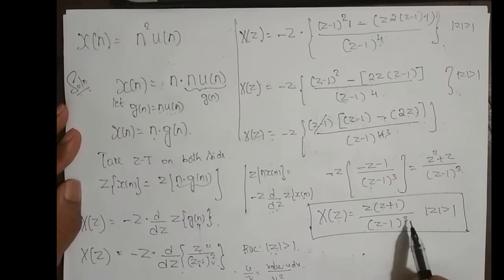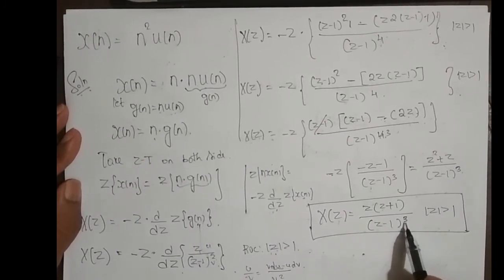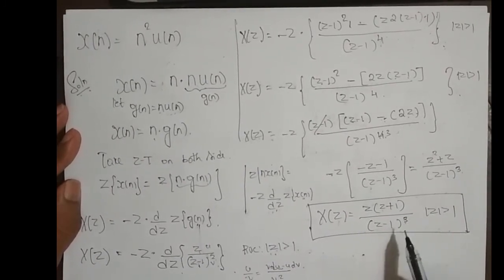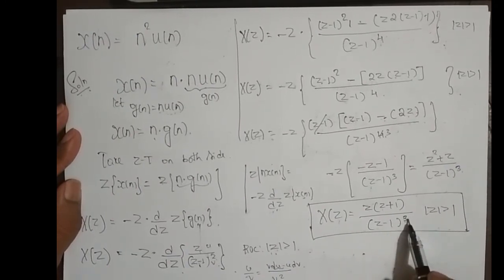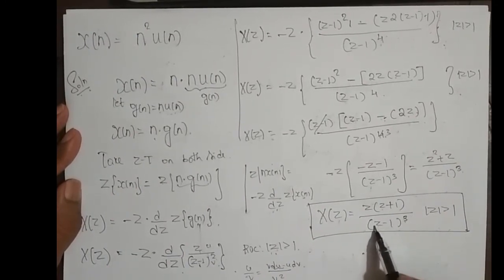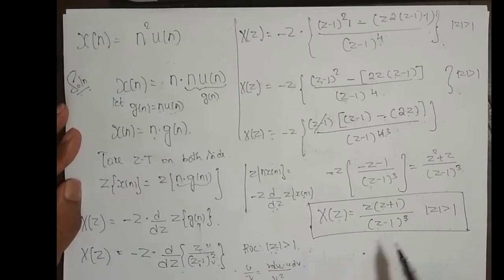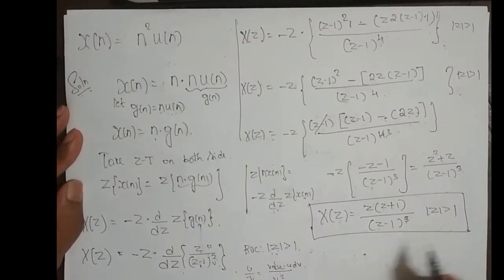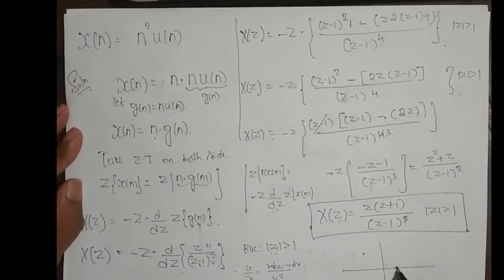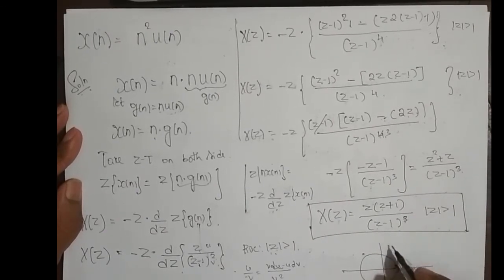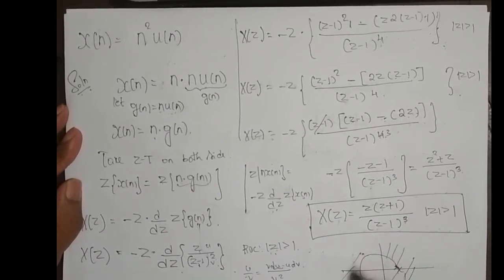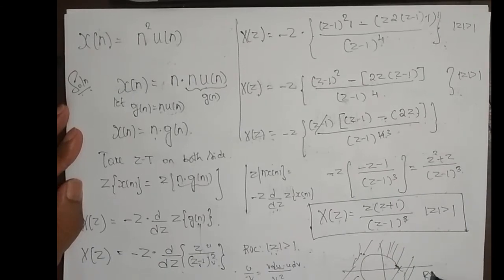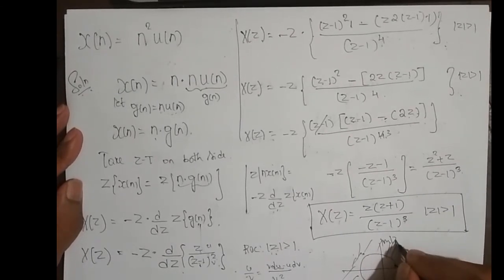And how many poles are there? Since it is a cube, I have totally 3 poles, and repeating poles, because it is (z minus 1) whole cube. So at z equal to 1, the poles are repeating 3 times. Fine. So if I take it to the z plane, it is a unit circle and the ROC is outside. So real part of z and imaginary part of z.